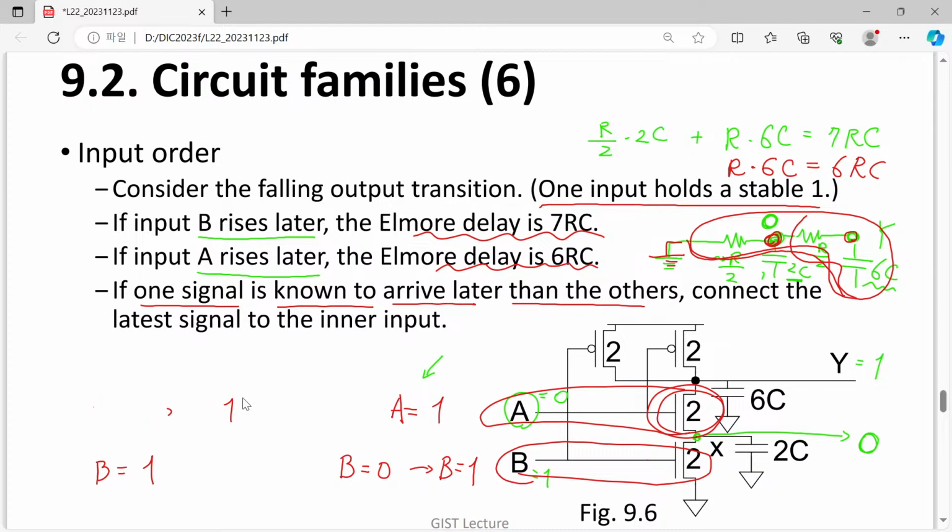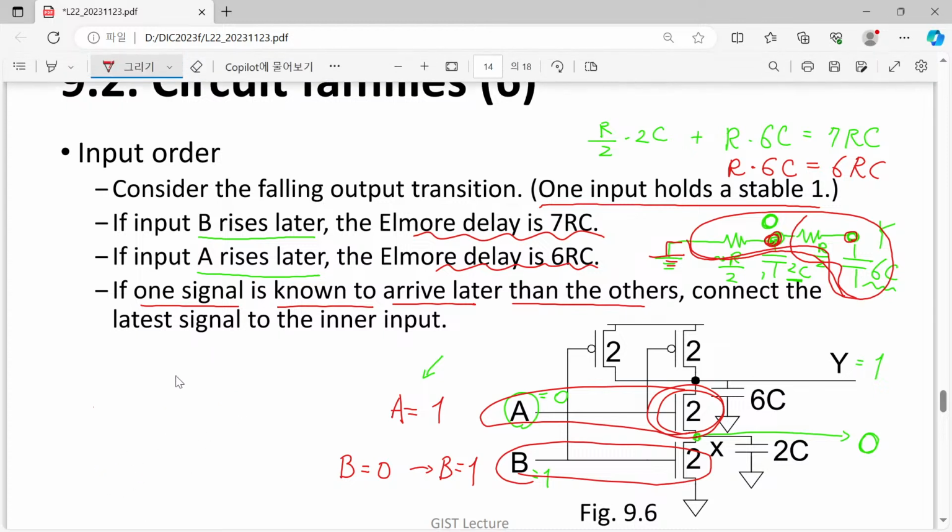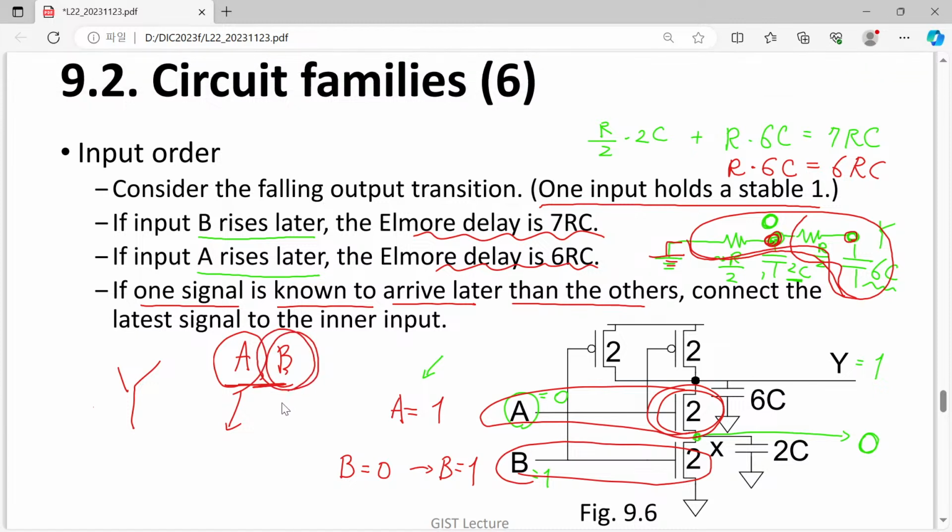The output Y here is obtained by the combination of our A and B. Although one is well established already, the total propagation delay is simply given by the later coming signal.